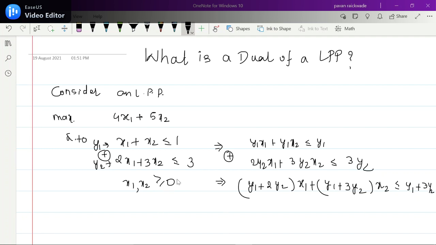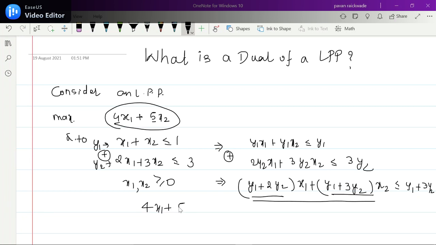So now what? This thing somehow looks like the objective function, right? We just have y1 plus 2y2 in place of 4 and y1 plus 3y2 in place of 5. Now observe that x1 and x2 are non-negative. So if this value is greater equal 4 and this value is greater equal 5, then 4x1 plus 5x2 will be less equal this, which is in turn less equal this.